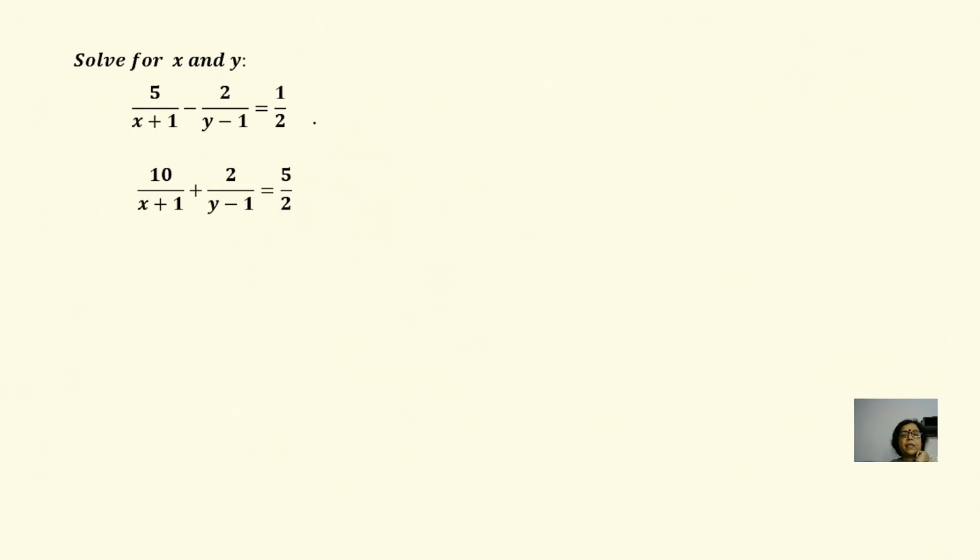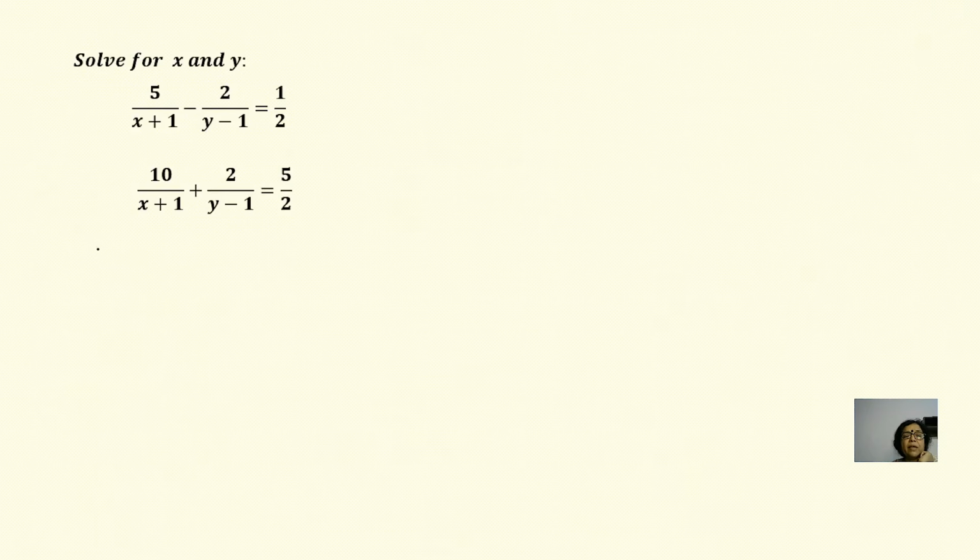Next question over here, again you notice we have variables in the denominator. But you must always keep a keen eye on observing the question. Now here if you look at it, it's a very simple question because here this has got minus 2 by y minus 1 and this has got 2 by y minus 1.